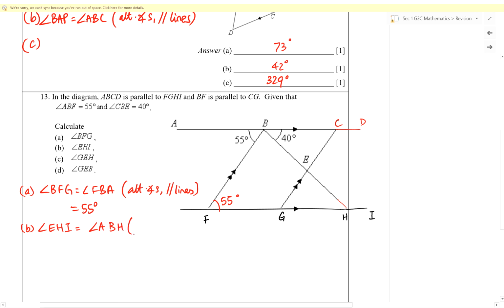Okay, what is your reason? Again, alternate angles, parallel lines. Oh, but now I need ABH, then I have an unknown angle over here. What are you going to do about that?